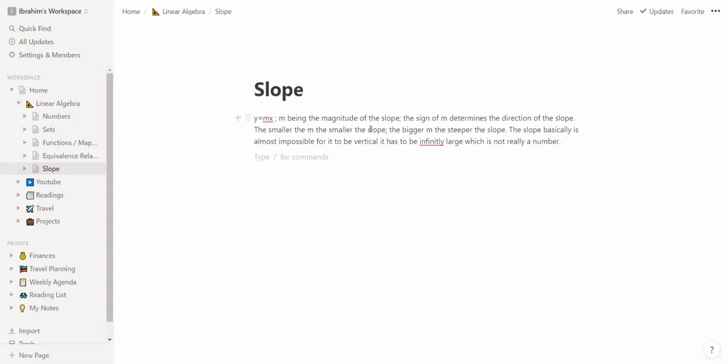M is the magnitude of the slope, and the sign of m determines the direction of the slope. The smaller the m, the flatter the slope. The bigger the m, the steeper the slope. A slope is almost impossible to be vertical, since it would have to be infinitely large, which is not really a number.